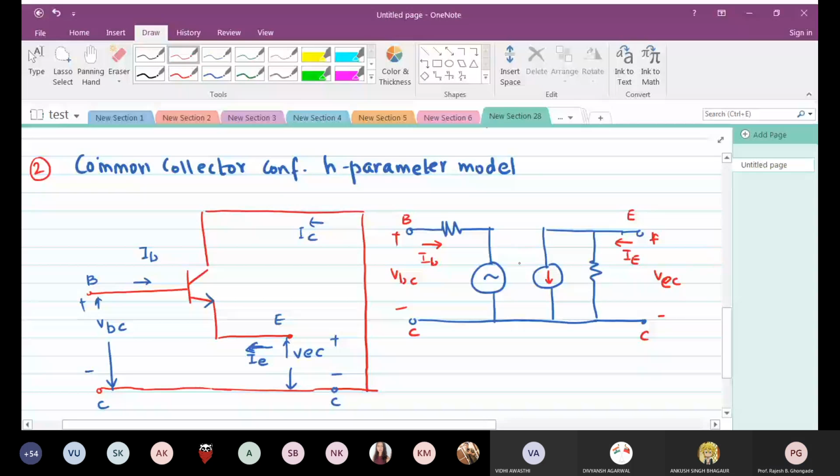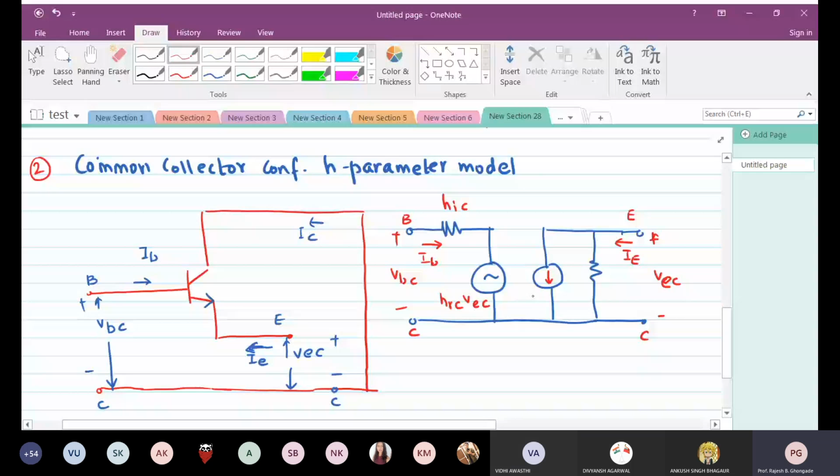Now the current flow direction is again the same. Here in this case, this will be HIC. This will be HRC times VEC. What will be the current source?